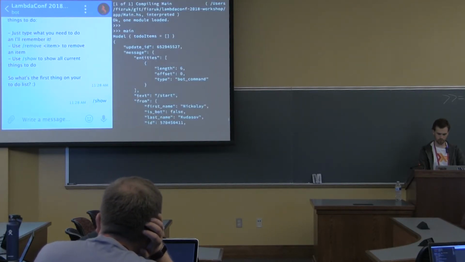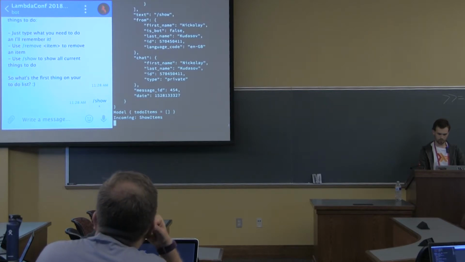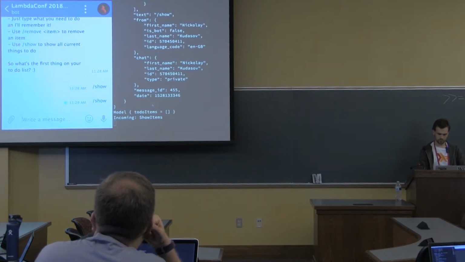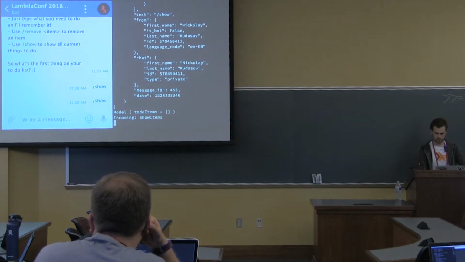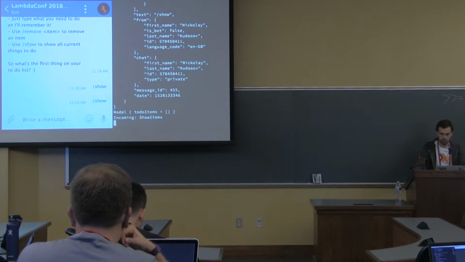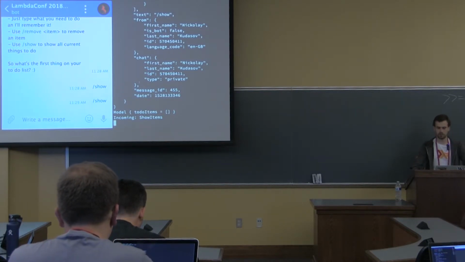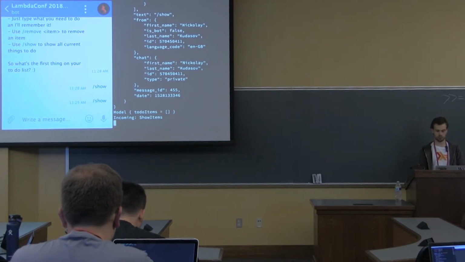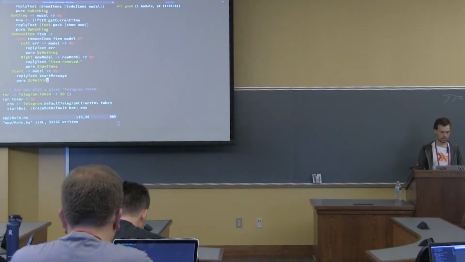Did it work? So when there are no items to show, we don't show anything. So that's probably not very good. We could add some message there, but let's not stop on this. Let's add something more interesting.